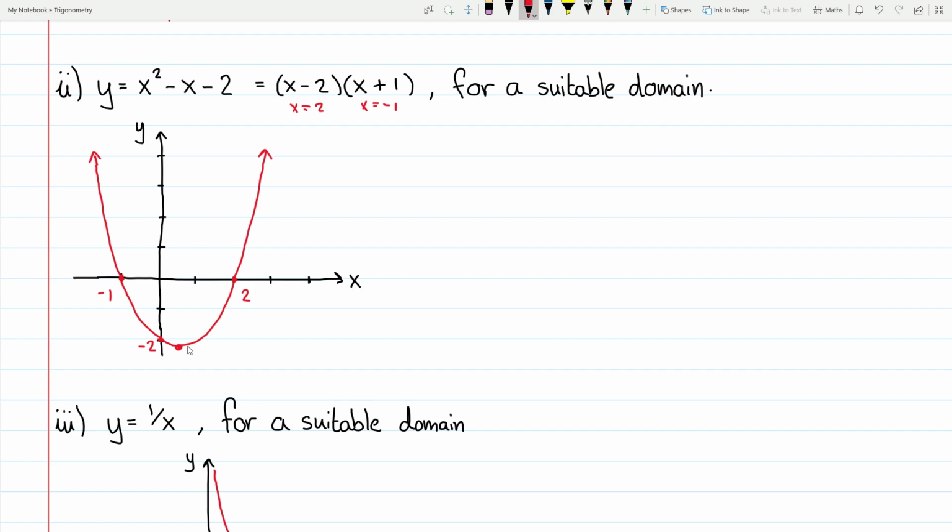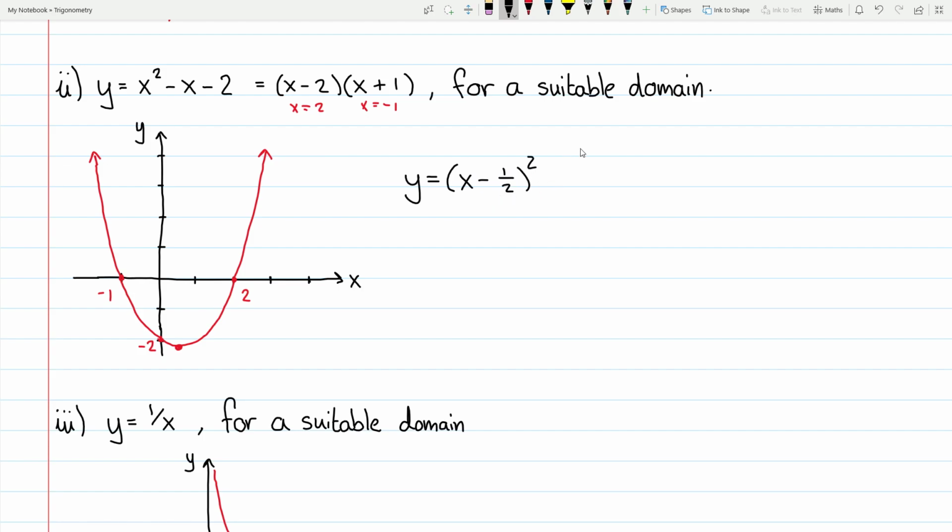It's also customary to plot, sometimes when you have a maximum or a minimum, it's customary to plot this. Do I want to go through how to do that? If you've never heard of completing the square before, then you can zone out for a brief moment, but the way you find the maximum and min, a nice way, is to complete the square. So we have our quadratic here, and a trick to use is to just take x minus or plus half of this, which is going to be minus 1/2.